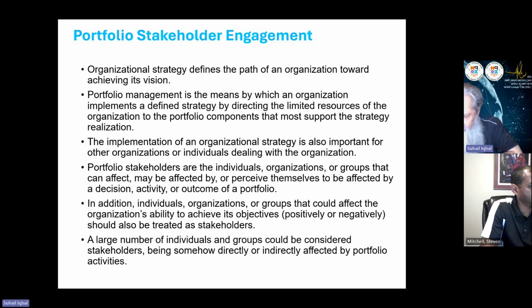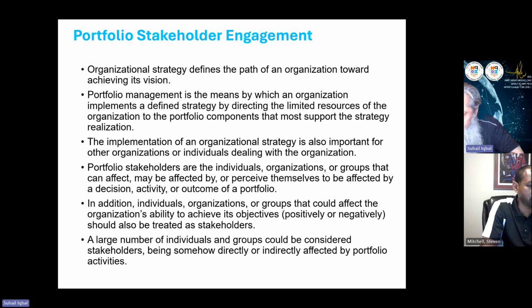Let me put a little bit of emphasis on this definition. In my words, anyone and everyone who has anything to do with your project or your portfolio would be a stakeholder.